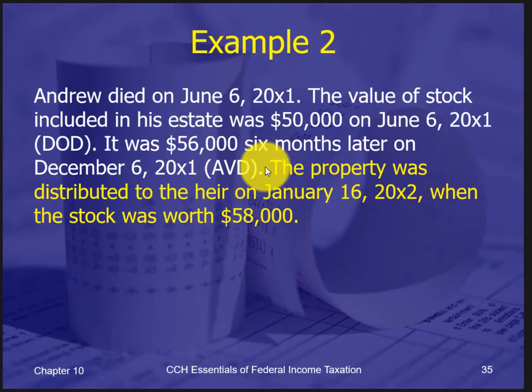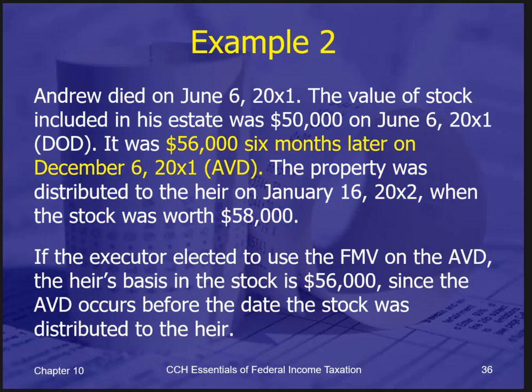So those are your 3 choices. You've got the date of death, you've got the date 6 months later, you've got any date in between the fair value. If it's after the alternative valuation date, then that's the value that you're going to use. Okay, it doesn't matter how much the value changes after the AVD or alternative valuation date.